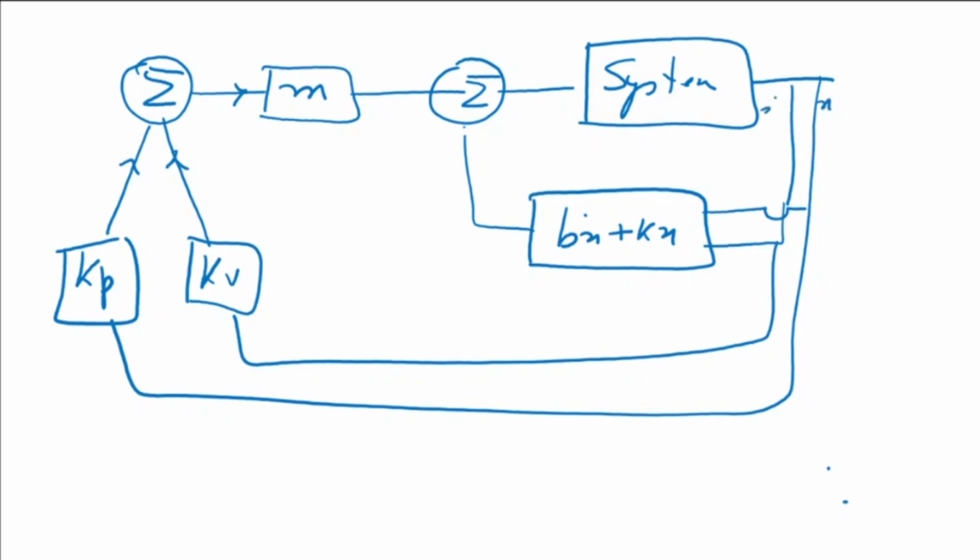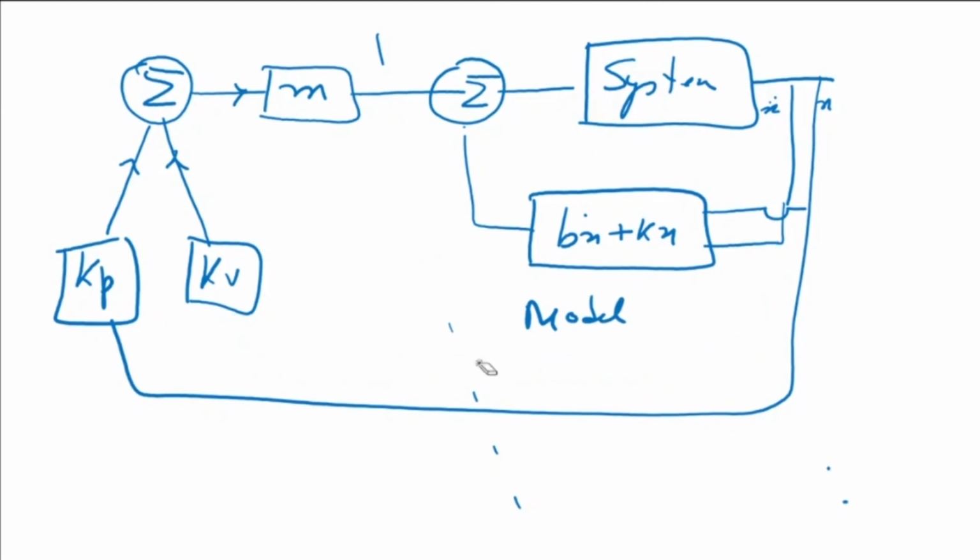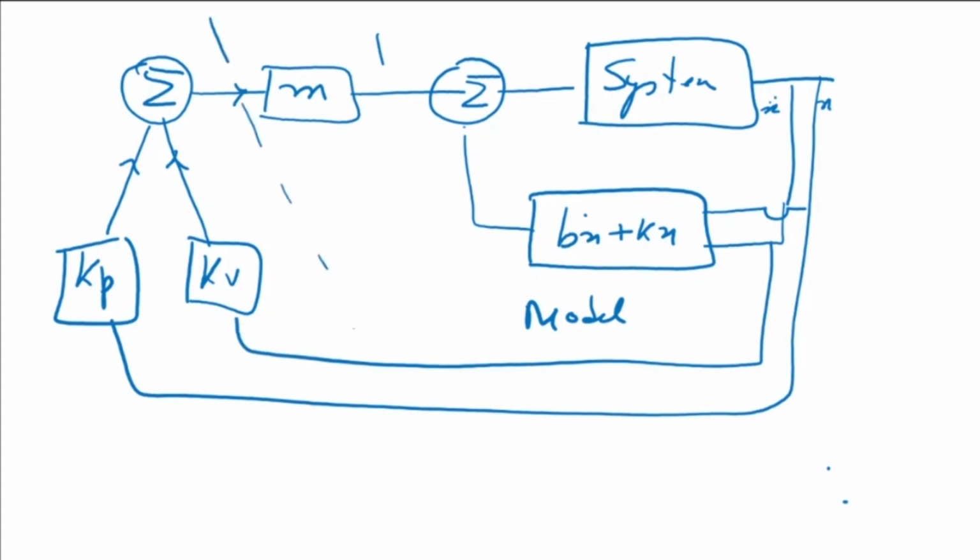Now what you can see from here is that this has been partitioned into two parts: the model part is here and the servo part is on the other side. The MBK parameters are contained in the model part. This is my model, so the mass also goes this side.